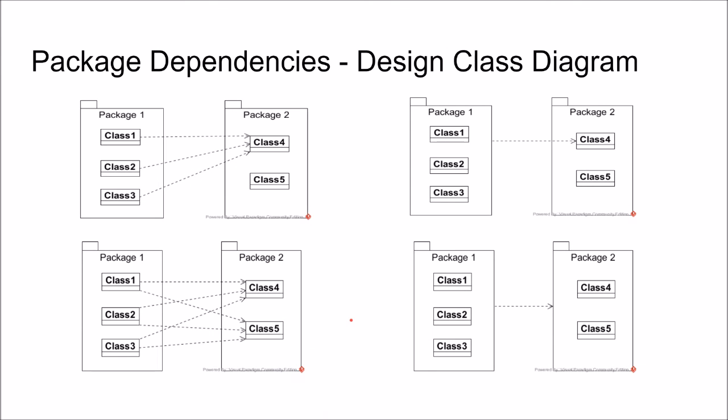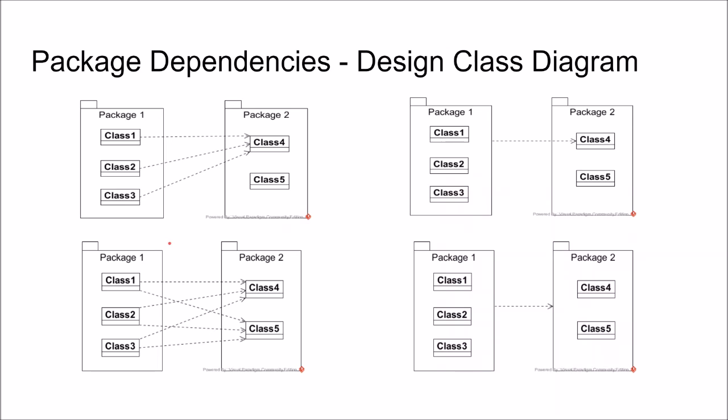We have some special rules for dependencies between packages. So in the first case, if all classes in the first package depend on one class in the second package, then we can simplify this so that package 1 depends on class number 4 in this case.